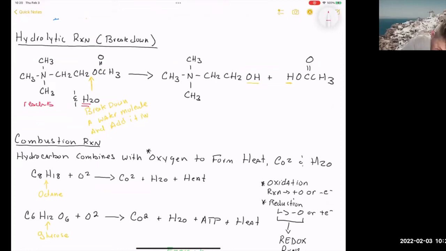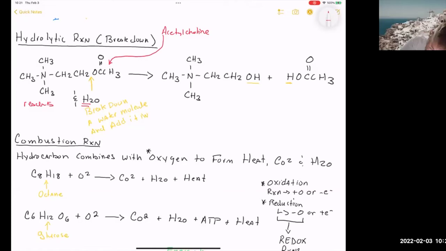And this molecule here is actually a super common and very important molecule in the body called acetylcholine. This is an acetylcholine molecule, all right? And acetylcholine is an incredibly important neurotransmitter. And in order to terminate the action of acetylcholine, acetylcholine needs to be metabolized. In this case, it gets broken down, right?